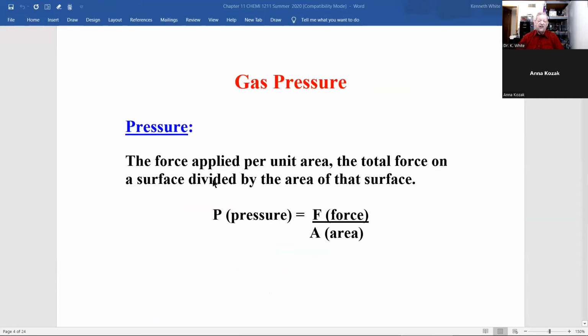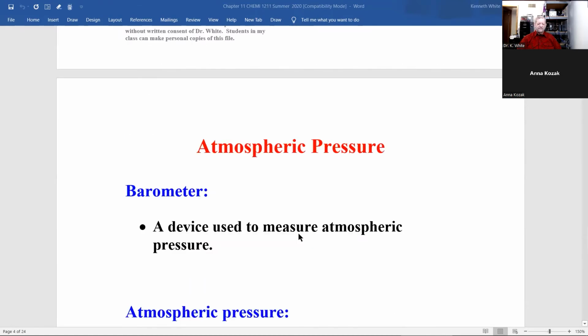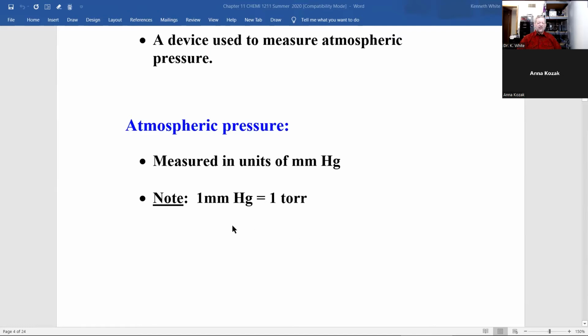And the pressure, which I'll never ask on a test, is force per unit area. And the key units we use in chemistry: 1 millimeter of mercury, Hg is mercury, is equal to 1 torr. And that's named in honor of the Italian scientist Torricelli, who invented the barometer, which is a way of measuring gas pressure.